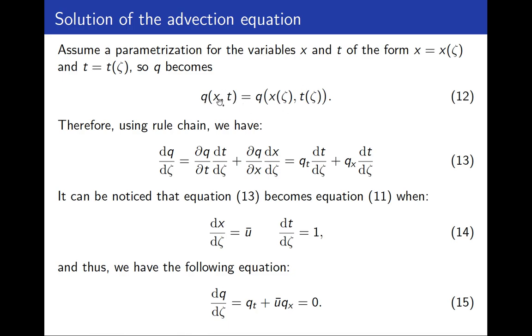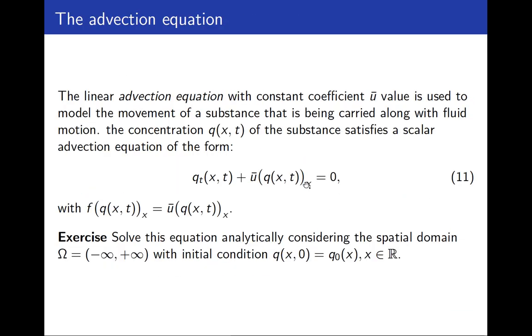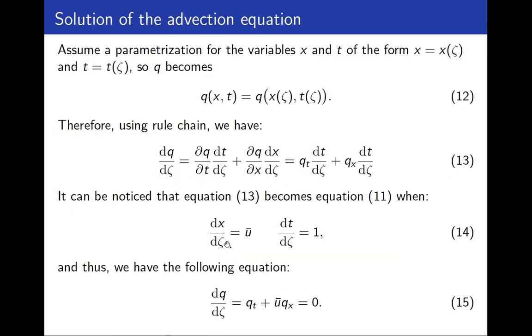So q dependent on x and t will now be q dependent on x that depends on this parameter, and q also depends on t, and t depends on this parameter. If we use the chain rule, we will obtain the derivative of q with respect to this parameter. We apply the chain rule, we obtain these relations, and then we end up with this equation 13, the right hand side. You can notice that from this right hand side, this equation becomes equation 11, the equation that we have here, under these conditions.